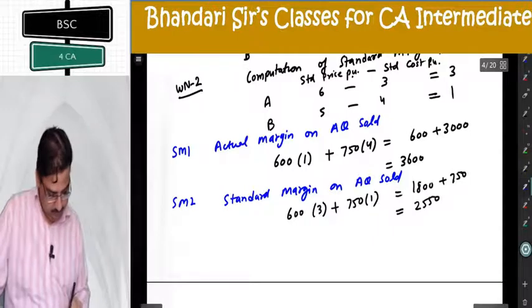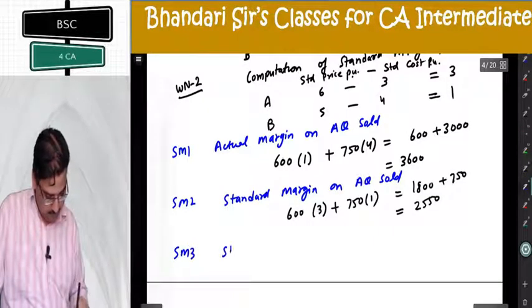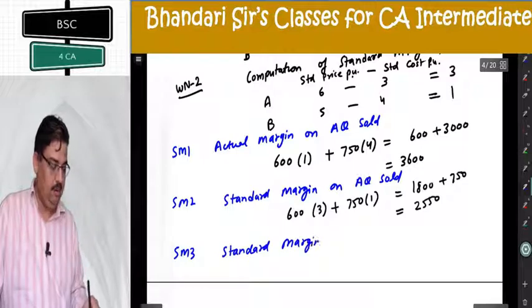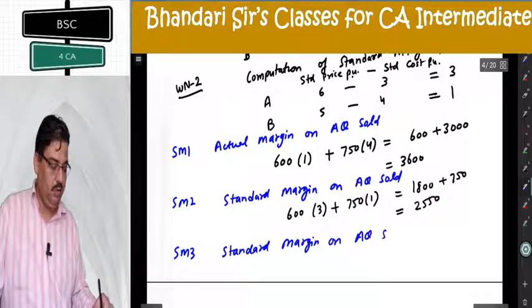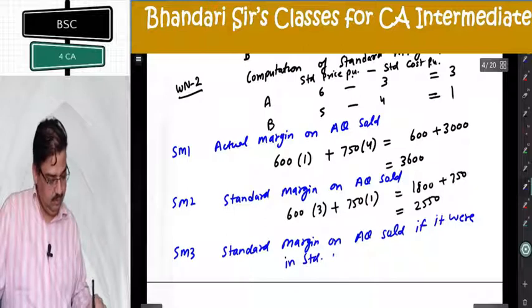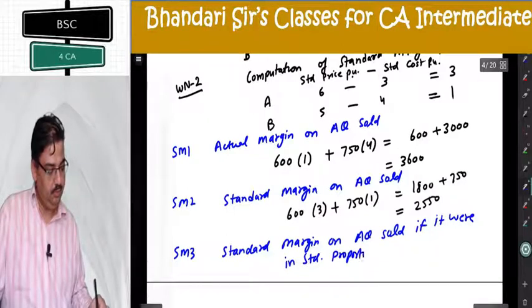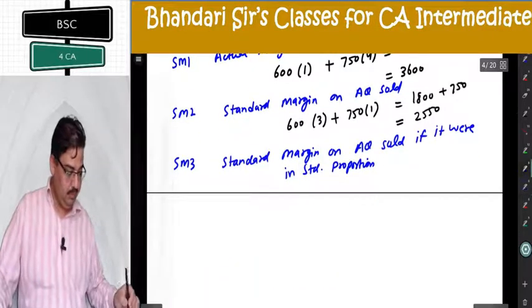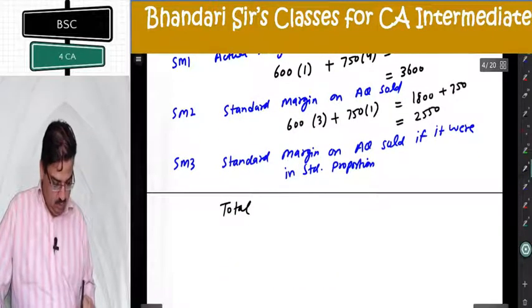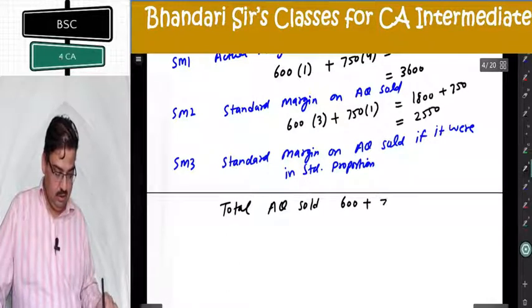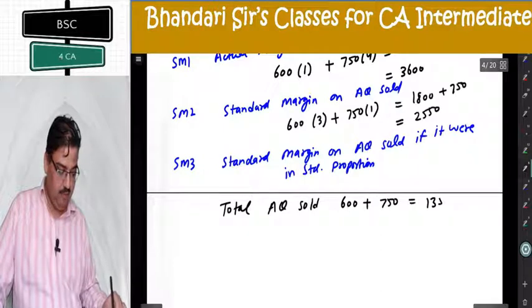SM3. Standard margin on actual quantity sold if it were in standard proportion. So same old sub steps. Total actual quantity sold, 600 plus 750, 1350.